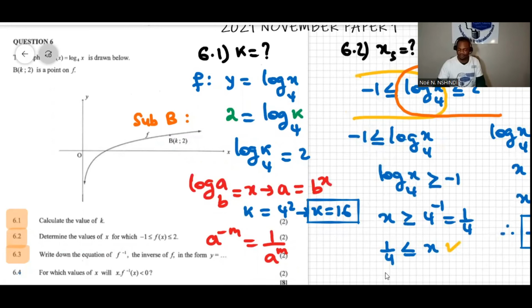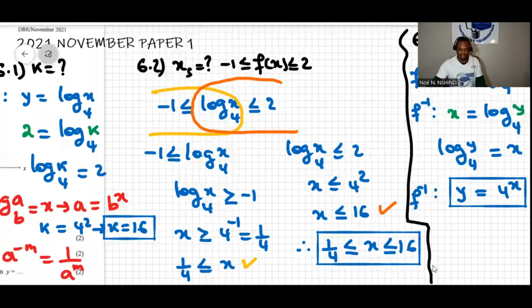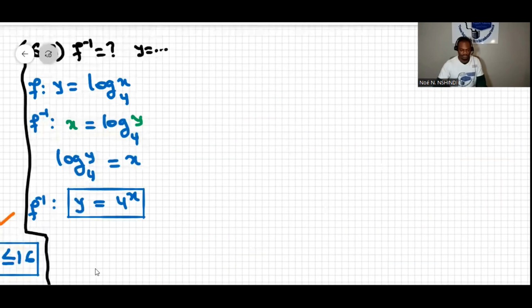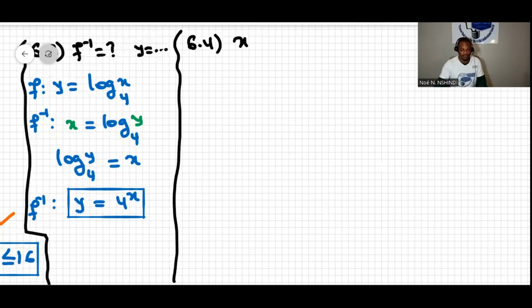Now I want to move my board like this. So we're looking for values of x for which x times f minus 1 of x is less than 0.